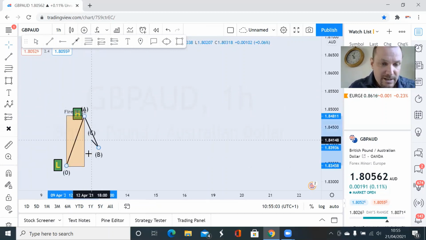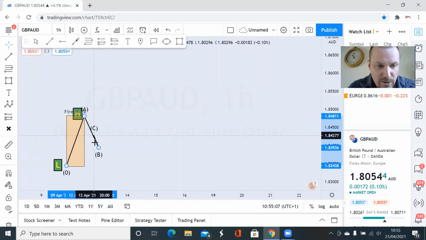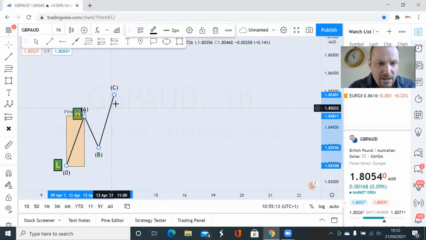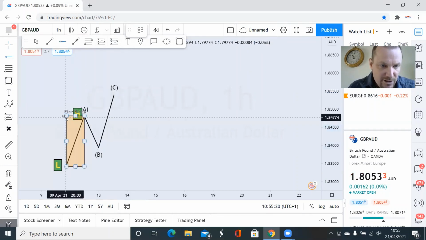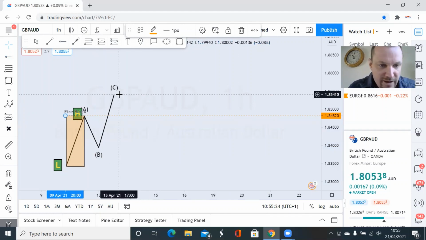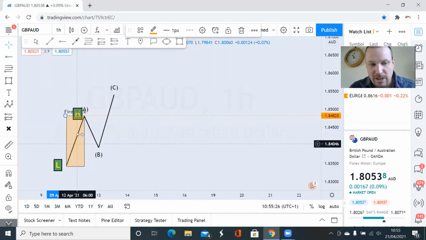Now what happens is, as we come out and we break structure on the high points, once you officially break that structure there, this becomes an area of interest for me.